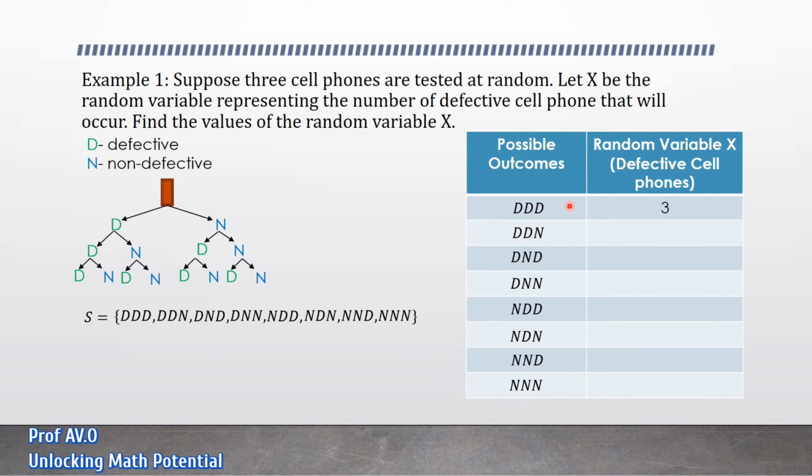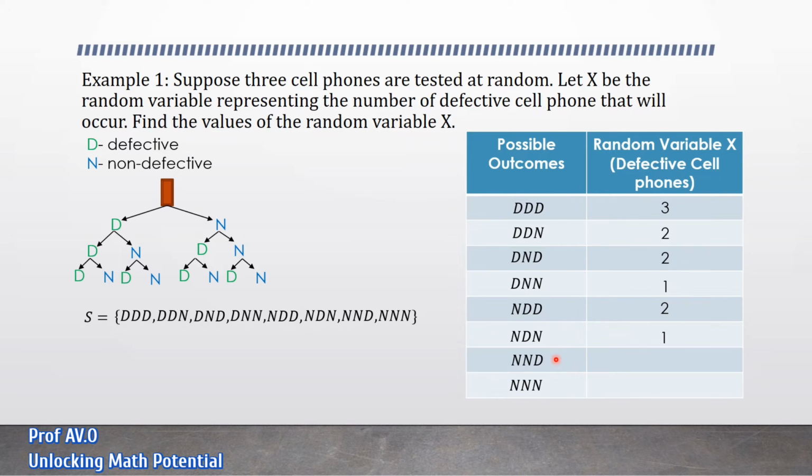So we have 3 defective cell phones. For the second outcome, we have 2 defective cell phones. Third outcome, 2 defective cell phones. Fourth, 1 defective cell phone. Next outcome, 2 defective cell phones. Next outcome, NDN, we have 1 defective cell phone.